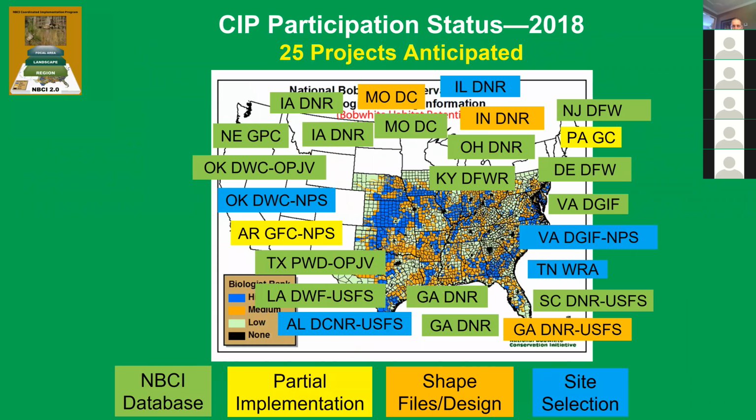And it's become popular enough that in 2018, we expect to have 25 CIP projects on the ground. The different colors show the different stages of development. The good news is if you're just thinking about it, getting a CIP going now or next year, there's a wide variety of progress going on.